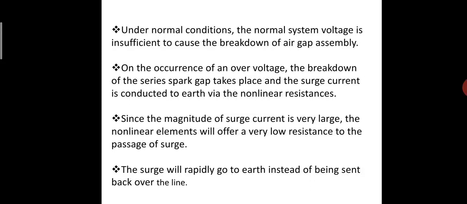Since the magnitude of surge current is very large, the non-linear elements will offer a very low resistance to the passage of surge. The surge will rapidly go to earth instead of being sent back over the line.